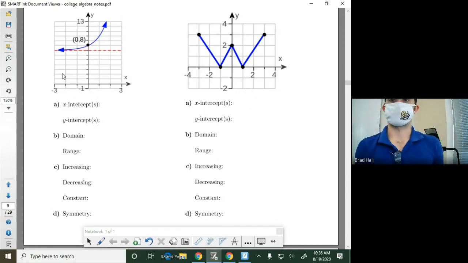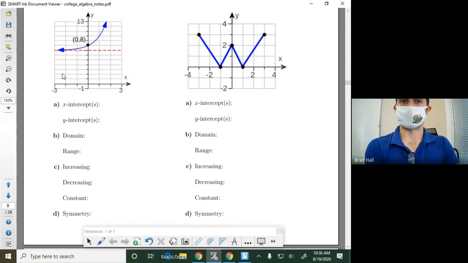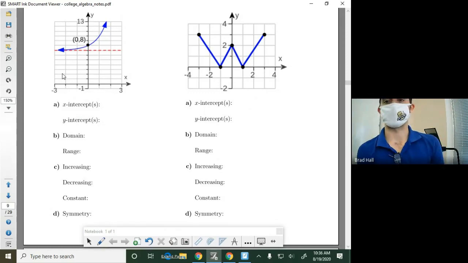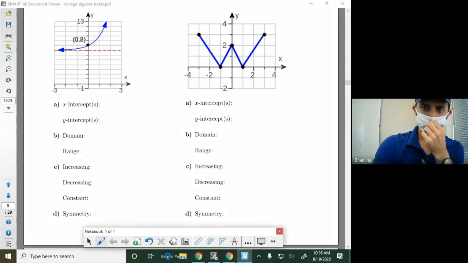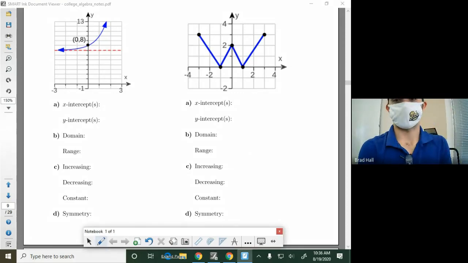So with the leftmost graph, notice that they already have these dotted red lines. So they filled in the barrier that I mentioned earlier for you. So that's what that red dotted line means. It means a barrier. It means you don't touch it, you don't cross it. The x-intercept, well, when we look at this graph, we ask ourselves, where does this cross the x-axis? Here's the x-axis.